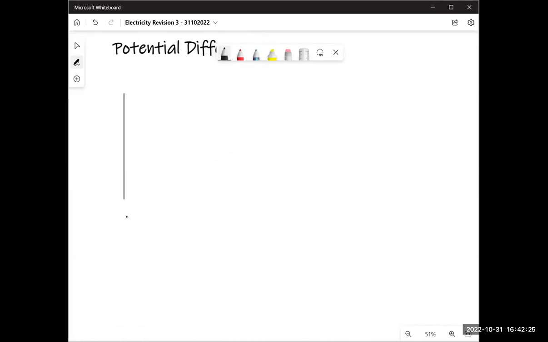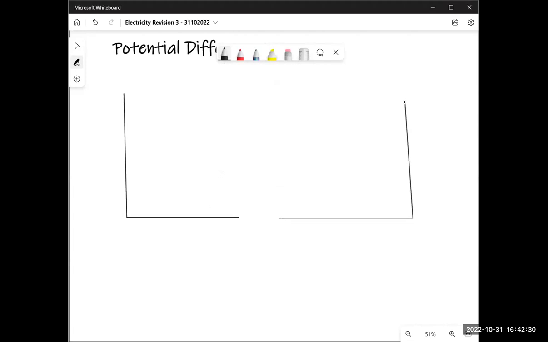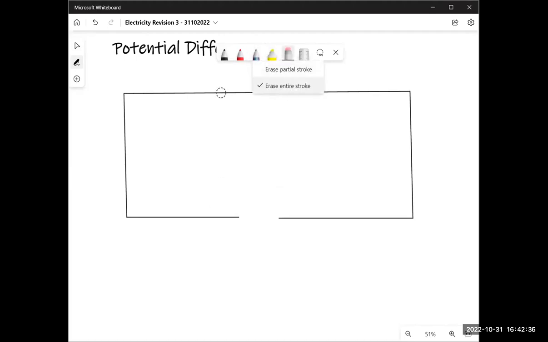Now, if I make a circuit for you right here, I'll have something called a resistor. R-E-S-I-S-T-O-R, resistor.